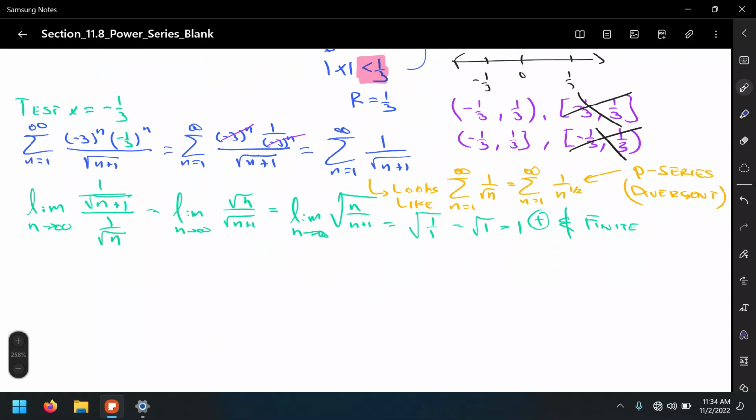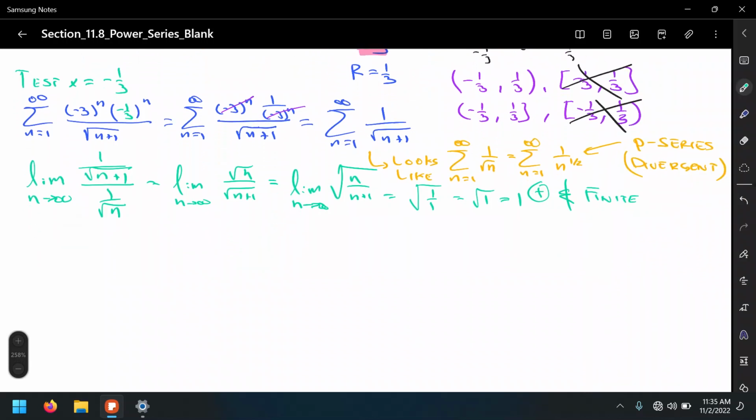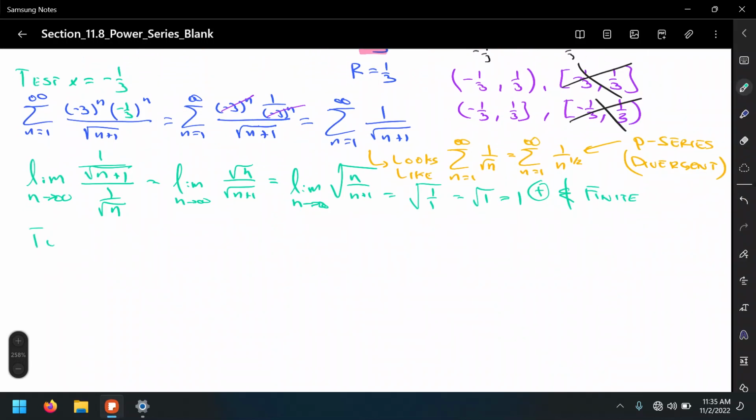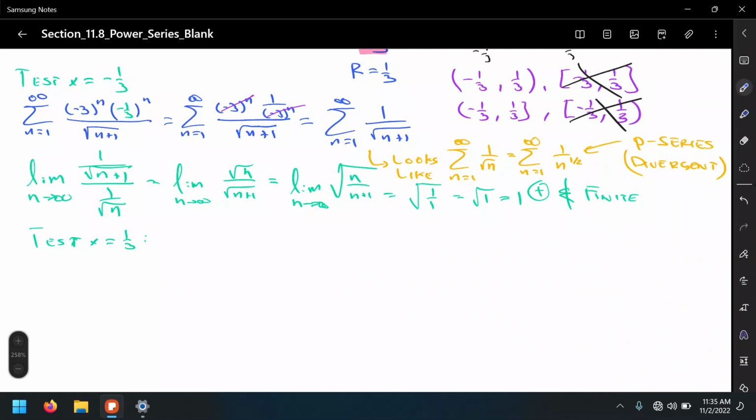So let's find out what it is. So let's test x equals 1/3. Testing x equals 1/3, that's sigma n equals 1 to infinity, -3 to the n, 1 over 3 to the n, over the square root of n plus 1.